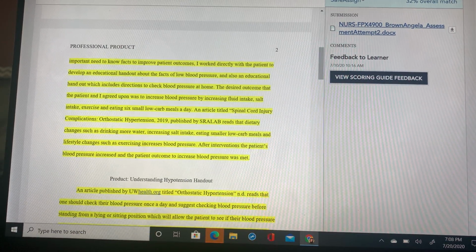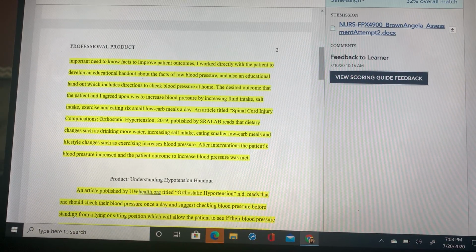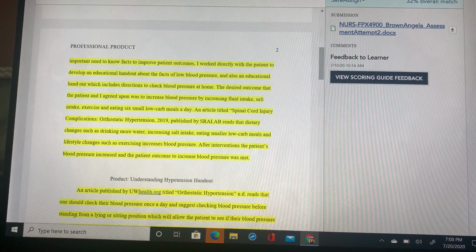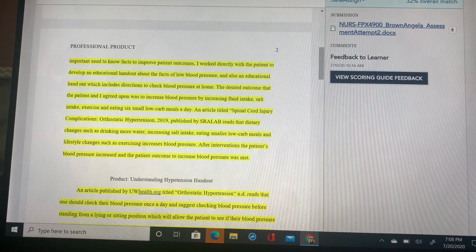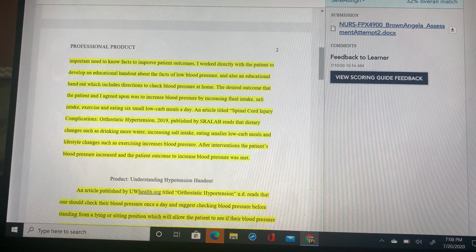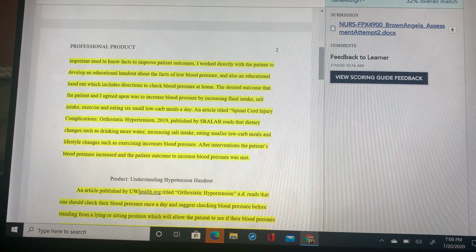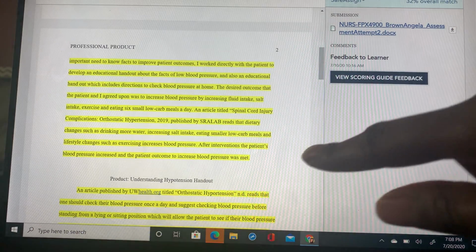Even though you may know that to work, you still can't just put that without citing where you got that information from. Who told you that? How do you know that's going to work? Who did the research and said that it's proven to work? So that's that.